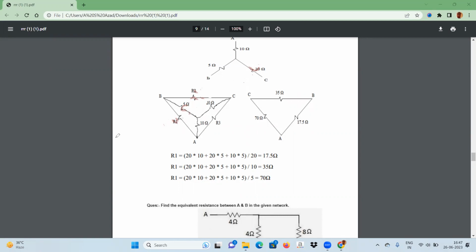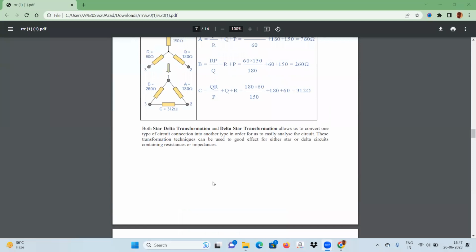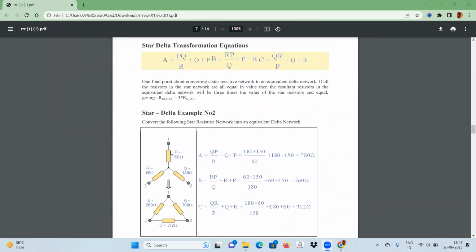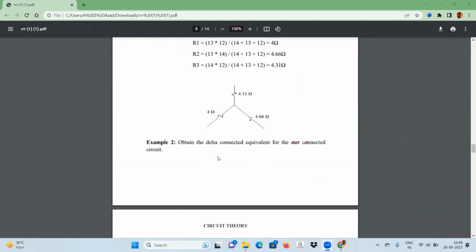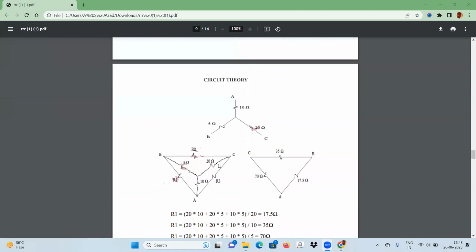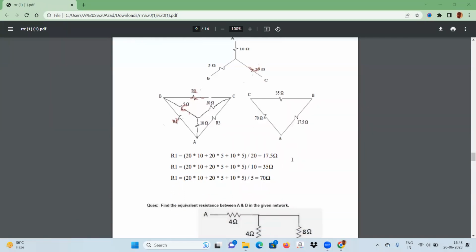what is the formula for star to delta? Let's see the formula. The star to delta formula is this. Then you can calculate here. R1 is 5 plus 10 plus 5 into 10 divided by the opposite resistance, that is 20.